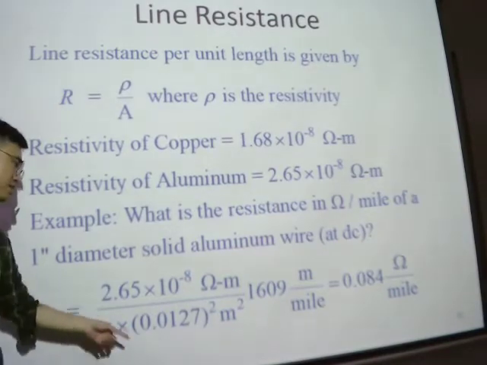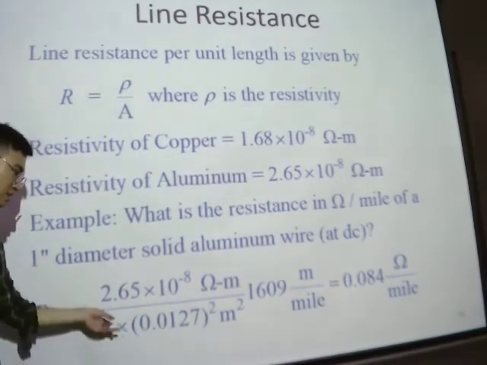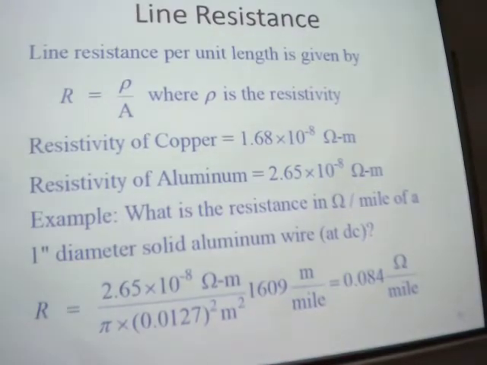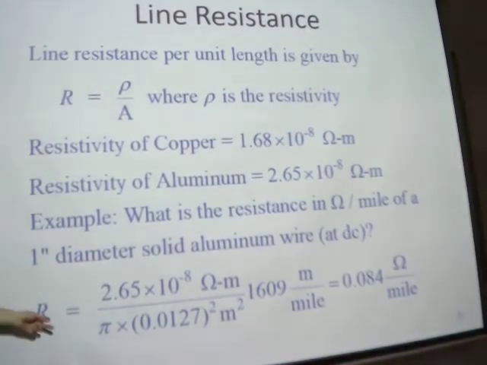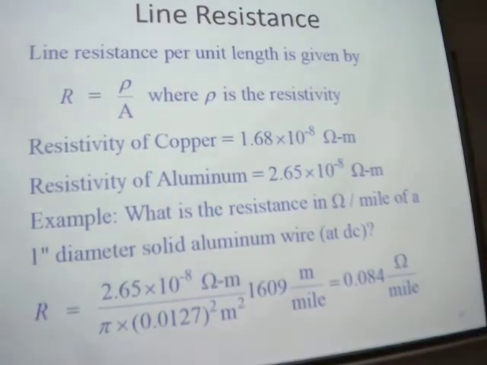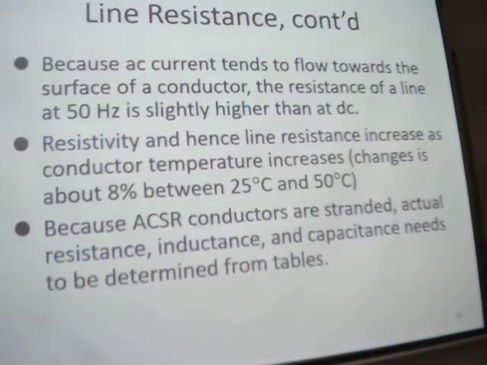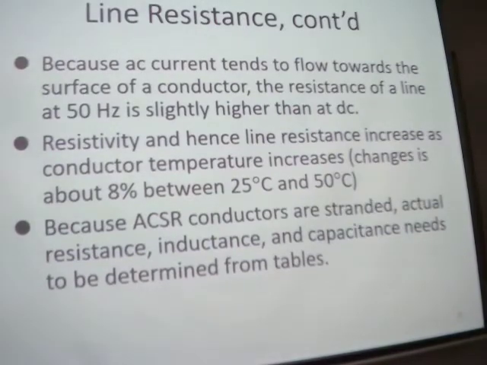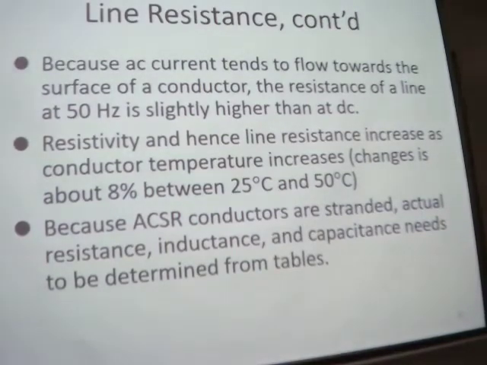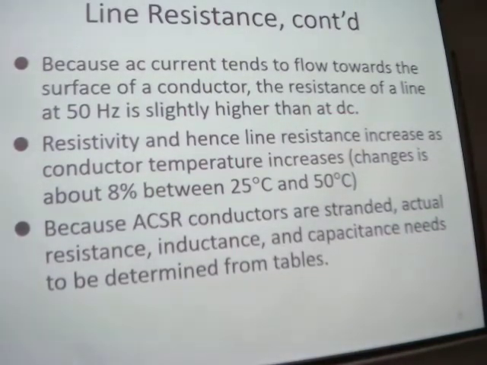And the area is the area of the circle, pi times the square of the radius, and you can see it is in ohms per mile. We use AC current in our transmission network.